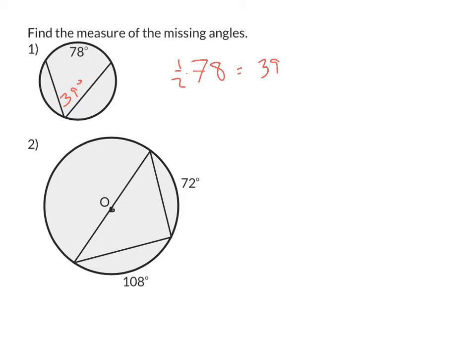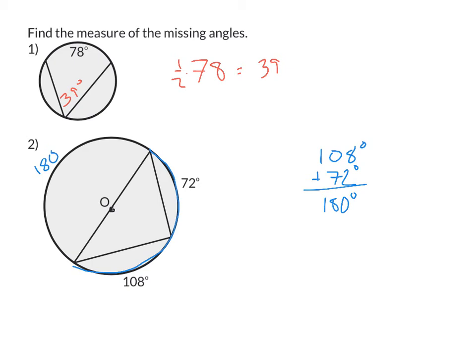In number 2, we have 3 missing angles because we have a triangle inscribed inside this circle. And we know 2 of the arcs on this circle, one of which is 108 degrees and the other is 72. Now, if you didn't notice, 108 plus 72 does add to make 180. So this portion of the circle must be a semicircle, which means that this portion must also be a semicircle and make 180.